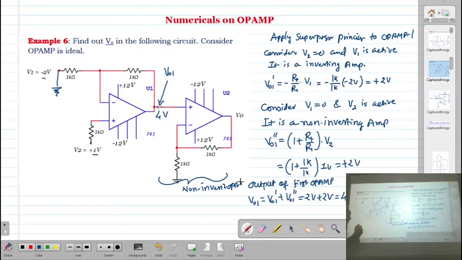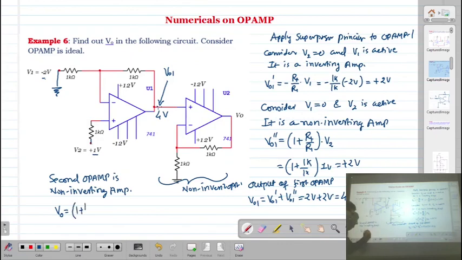So we can write now the second op-amp is a non-inverting amplifier. And for that we can write the output voltage VO is equal to 1 plus RF by R1 into the input voltage VO1. Correct?